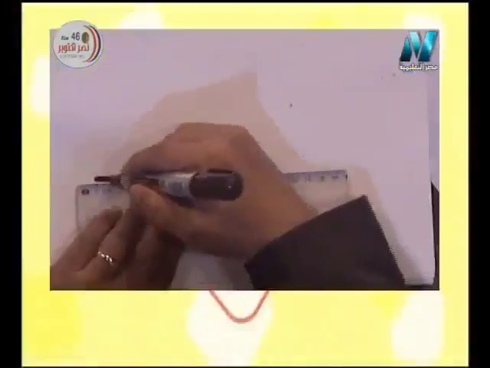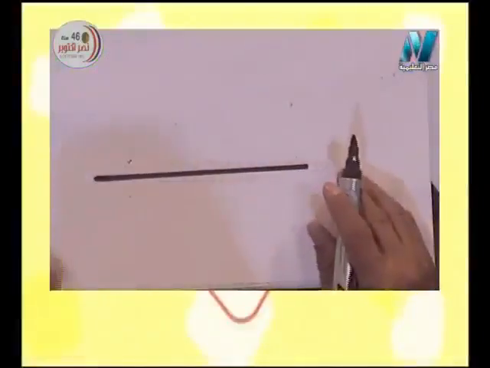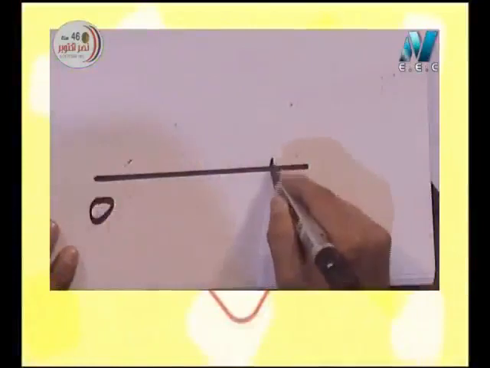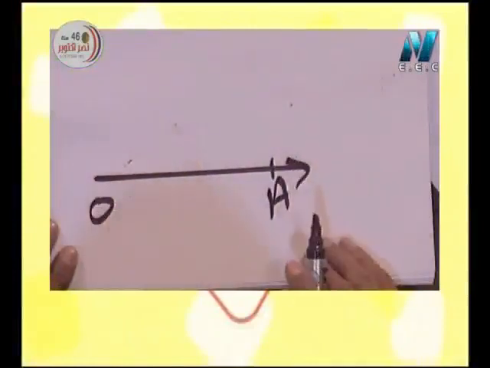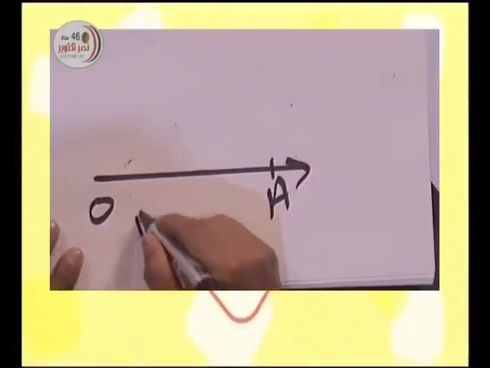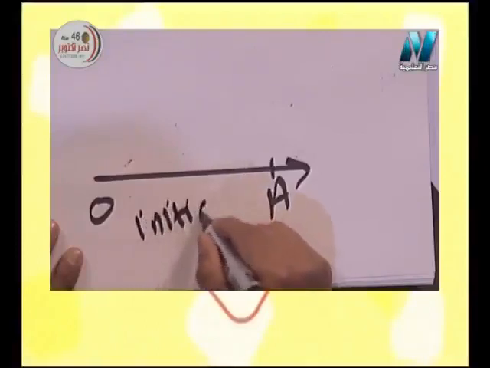What is the directed angle? We just name a ray like that. We call it, as an example, OA, and we call it the initial side.